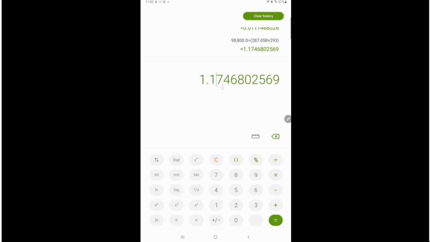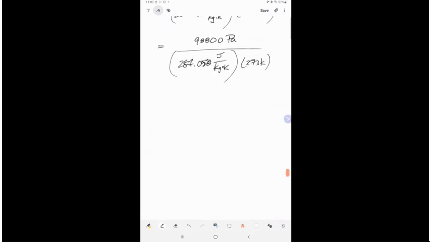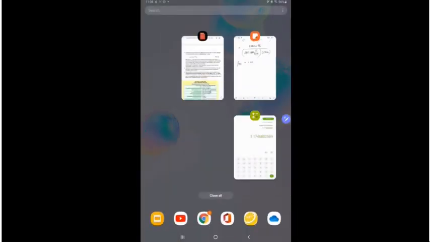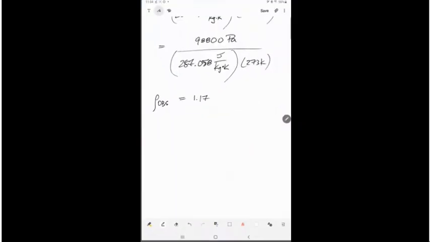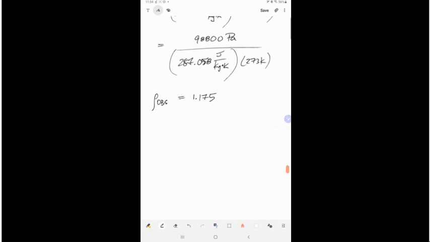So it's 1.175, which is even stretching the significant digits a little bit, but we can go ahead and do that. So density observed, 1.175. Okay. And I'll do the units in just a second here.